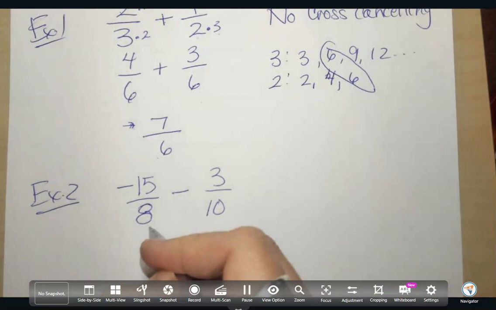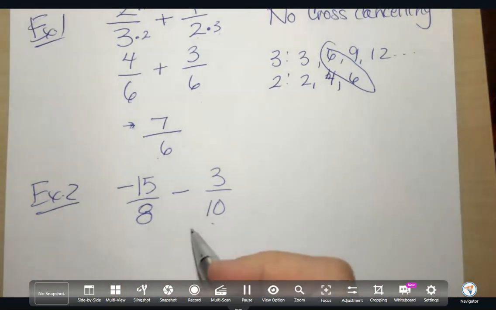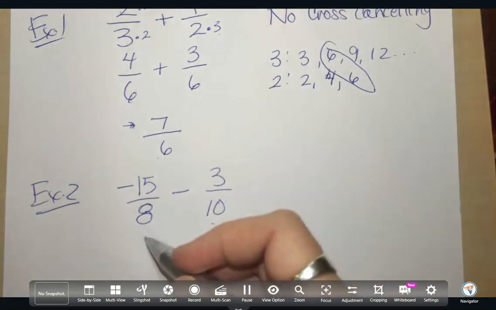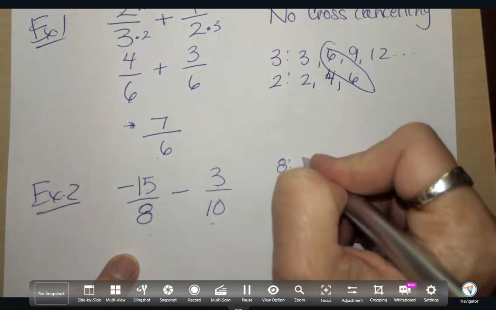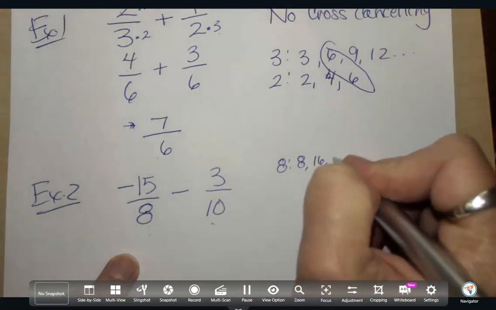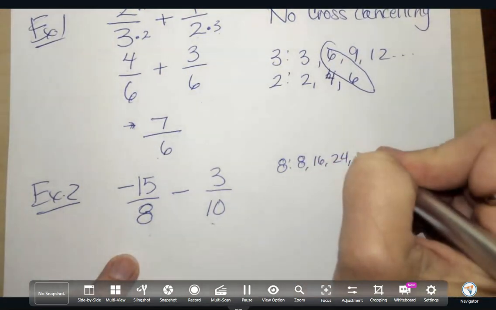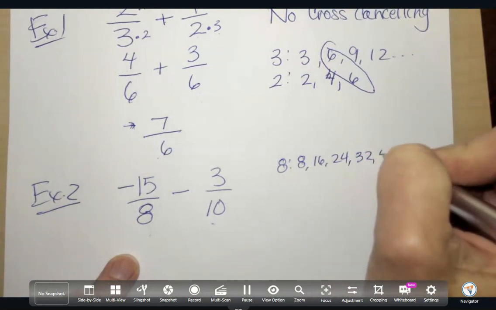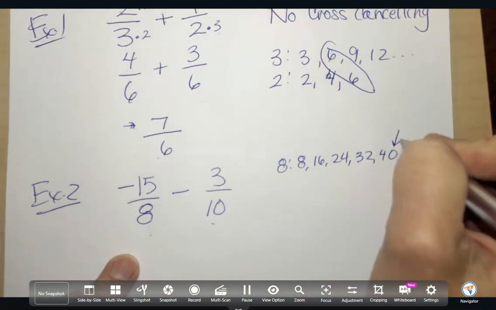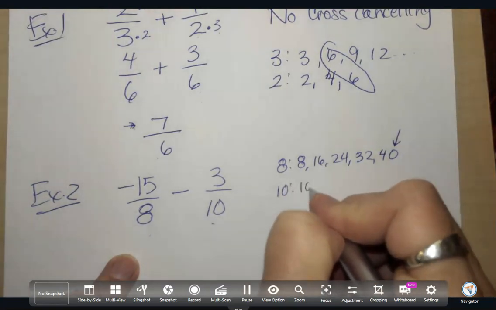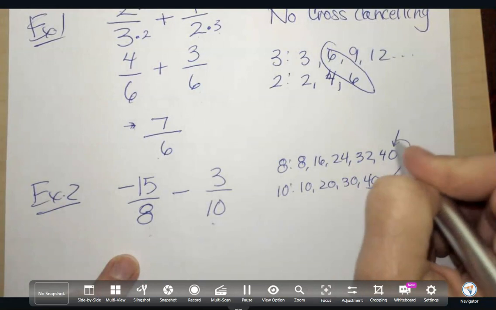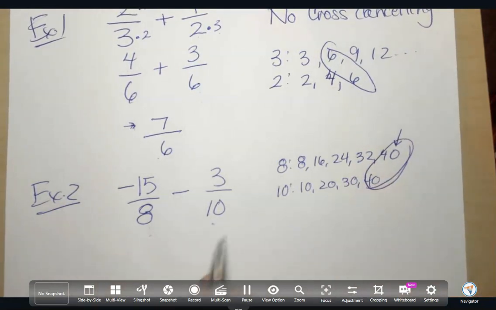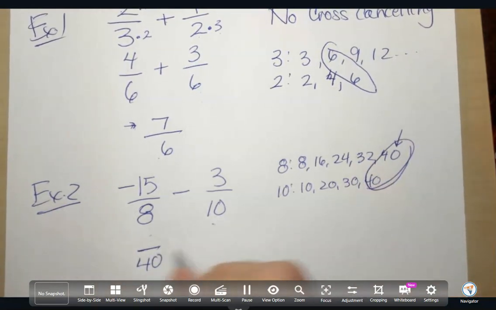So if I think about this, 8 and 10, I could go with 80, but that's a really big number. I could also find the least common multiple. So 8, I've got 8 times 1, 8 times 2, 8 times 3, 8 times 4, 8 times 5, right there. And then 10, 10 times 1, 2, 3, 4, and there it is. So my common multiple will be 40.